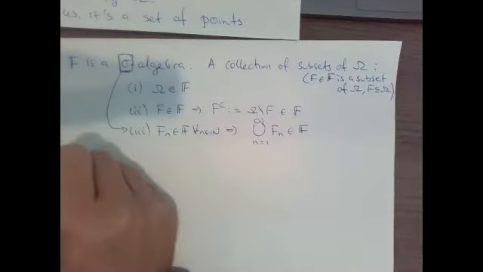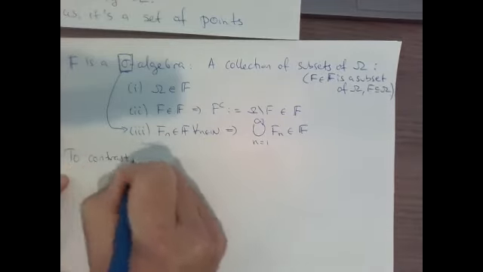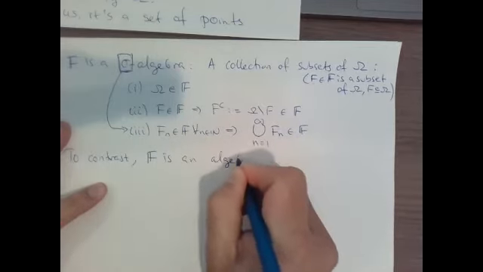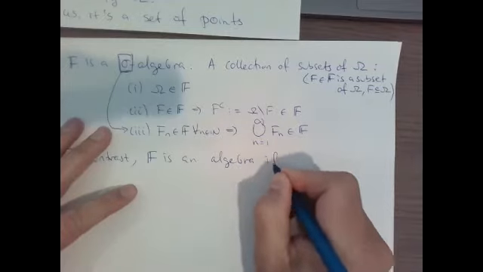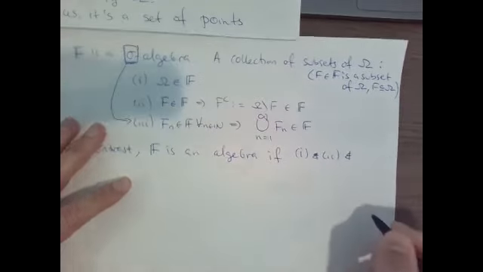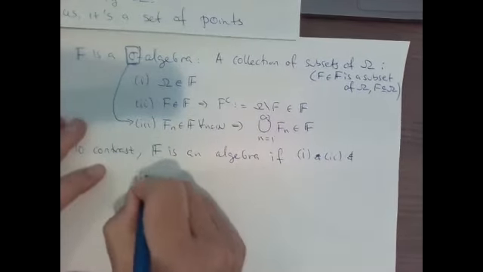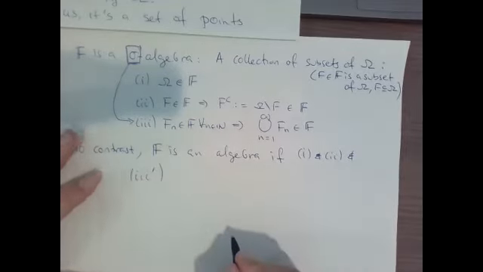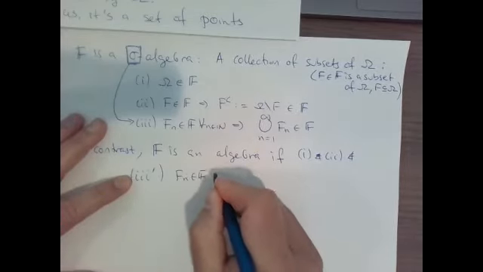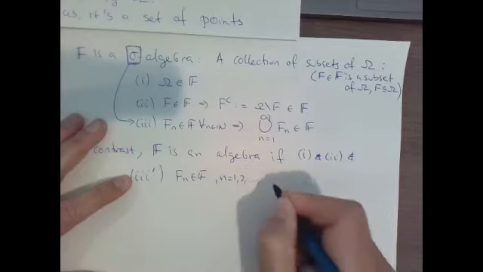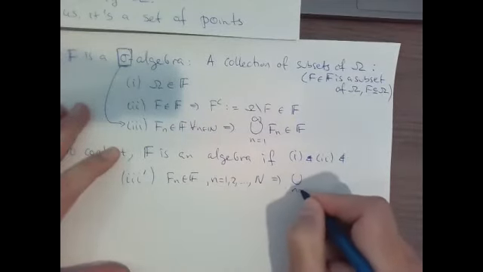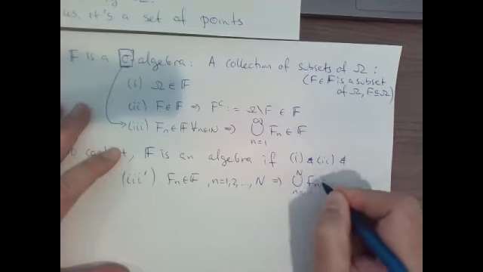Just to contrast, F is an algebra if 1 and 2 hold and this slightly different version of 3, 3 prime, where I can take only finitely many and then the union is in there.